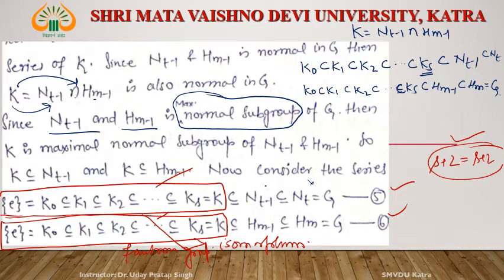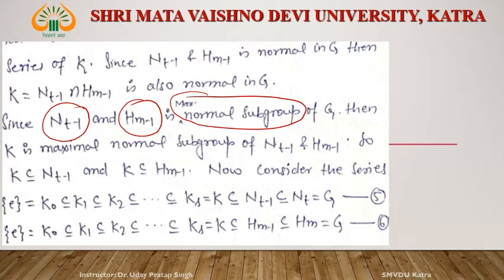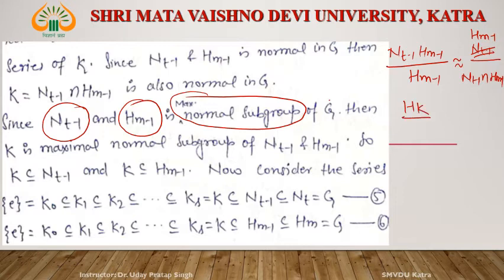If N_{t-1} and H_{m-1} are maximal normal subgroups of G, then H_{m-1} by N_{t-1} intersection H_{m-1} is isomorphic to N_{t-1} by N_{t-1} intersection H_{m-1}, or it means HK by H is isomorphic to K by H intersection K. What is this?